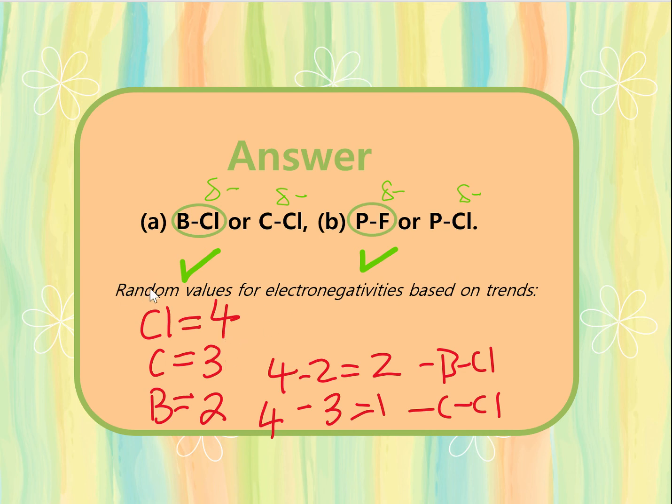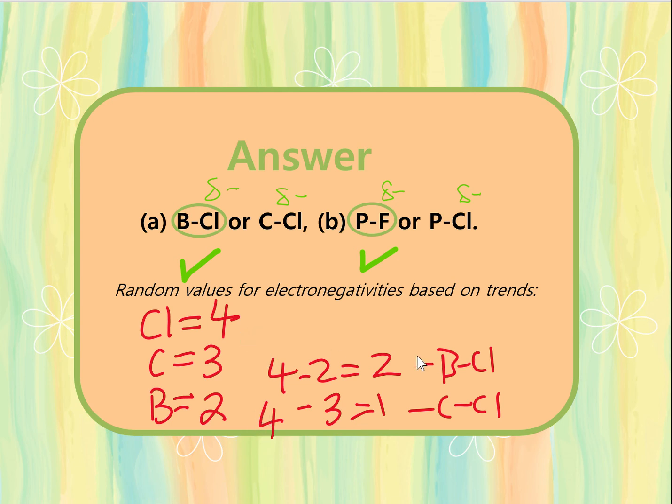I have used some random values here based on the trends in electronegativity. For chlorine, I used 4. For carbon, 3, and boron, 2, because we're saying carbon is more electronegative than boron. And so if we do a subtraction here, the difference in electronegativity is greatest with boron chlorine as opposed to carbon chlorine.